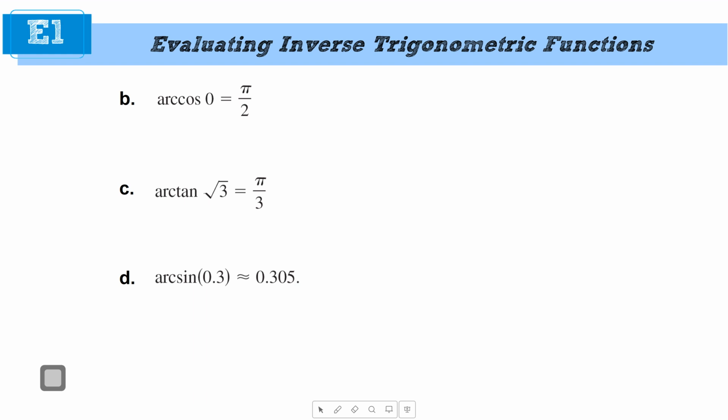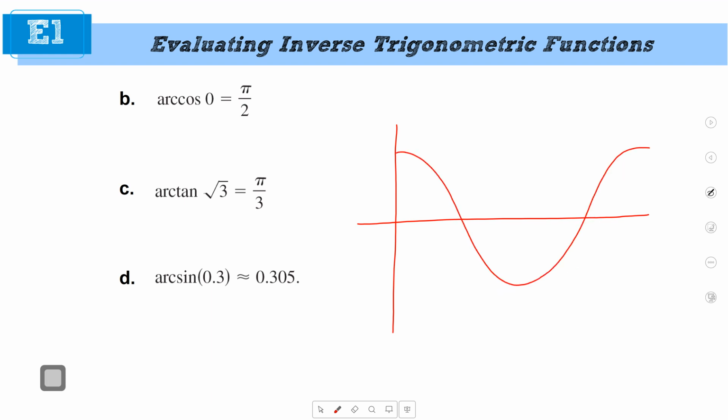Do you recall what the secant and the cosecant graphs look like? For those of you that haven't done this in a while, a visual little graph here might help. A secant graph is based off of a cosine graph, so I would do a cosine graph. Then wherever it crosses the x-axis generates asymptotes.